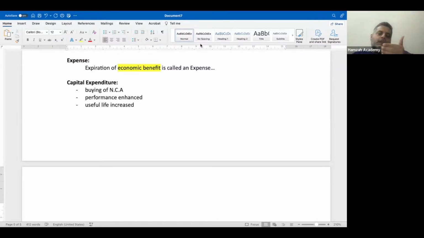First you were able to see only 500 meters, but with the HID installed, you will be able to see up to 1.5 kilometers, right? So obviously, this is an upgradation. This is where the performance of the car is being enhanced, right? It's going to be a capital expenditure.